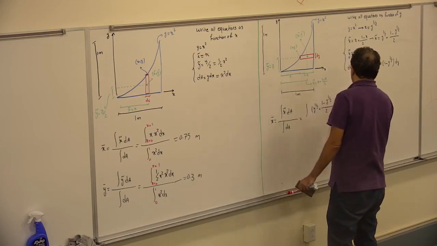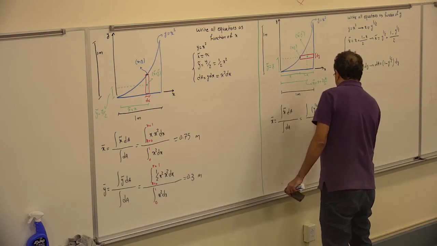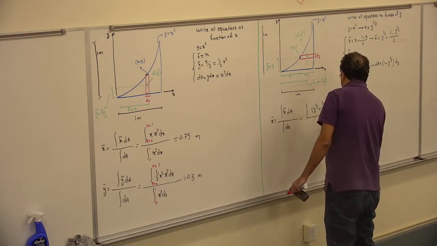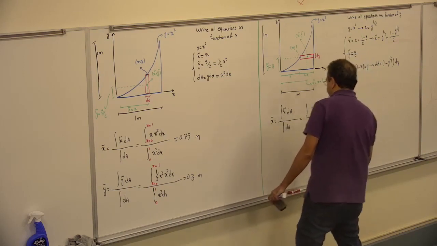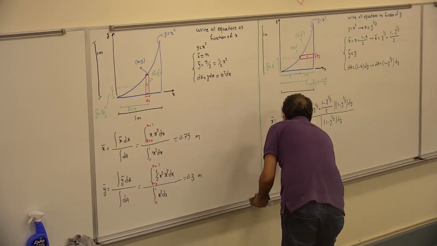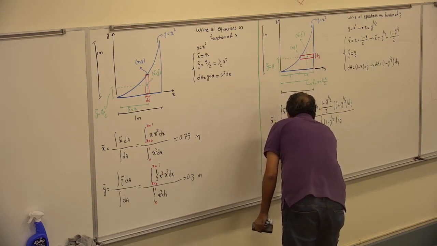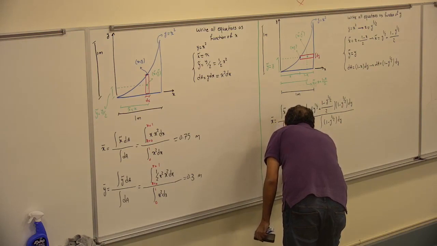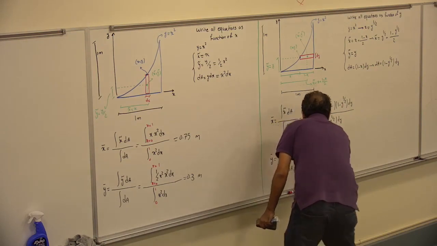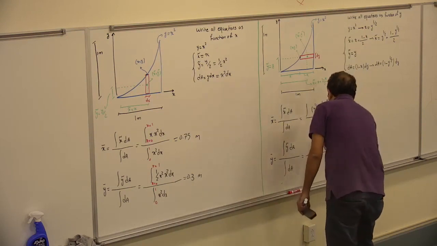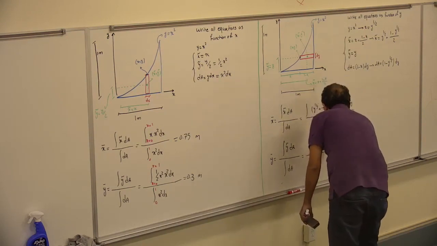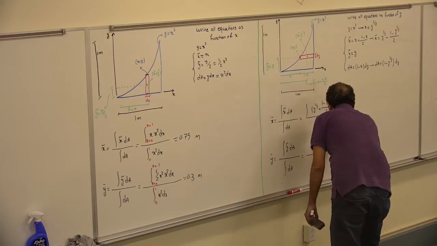The dA, 1 minus y to the power of half. Y bar is the integral of y tilde dA divided by the integral of dA. So y tilde is just y. dA is 1 minus y to the power of half.